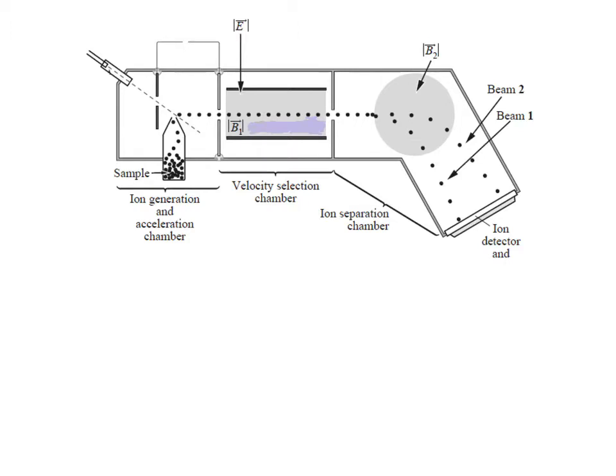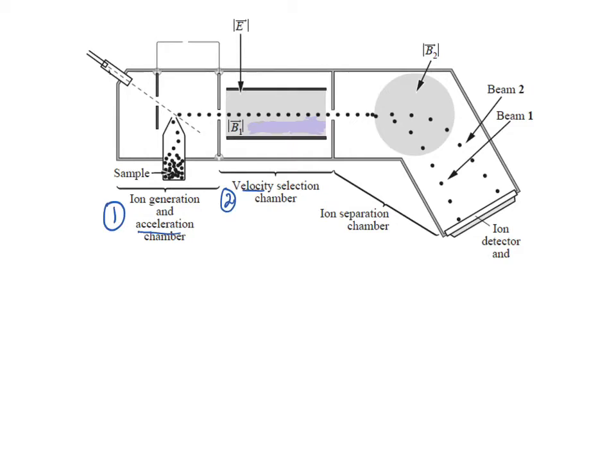So there's three main chambers in the mass spectrometer. First one right here is an ion generator and acceleration chamber. So that's really important to know that this one is the acceleration chamber. Secondly, here we have the velocity selection chamber. So that is where only things with certain constant velocity are going to go through.